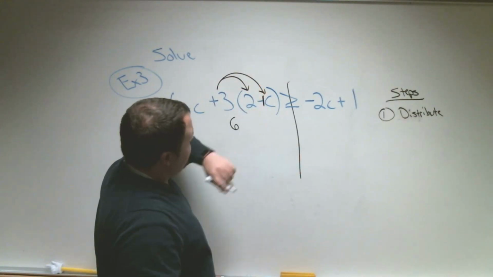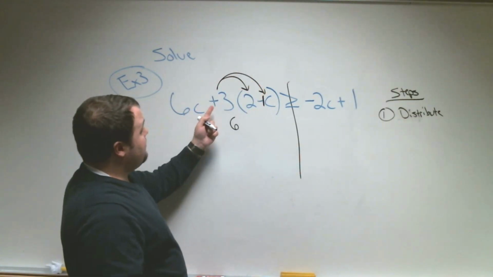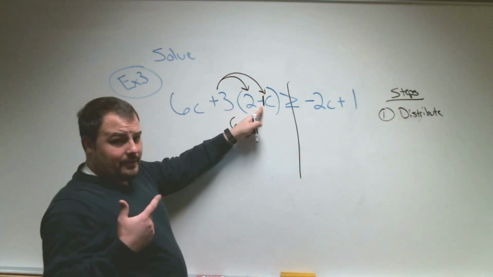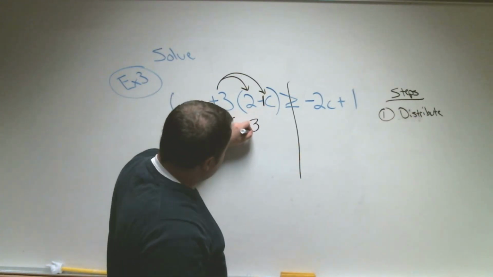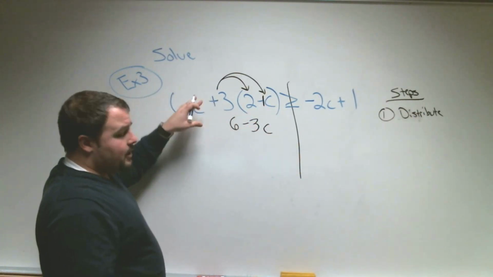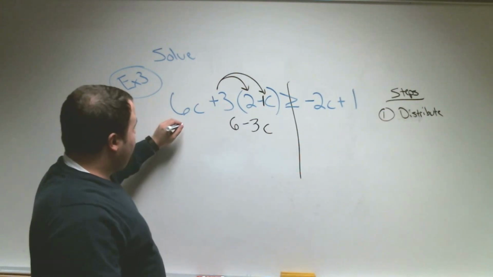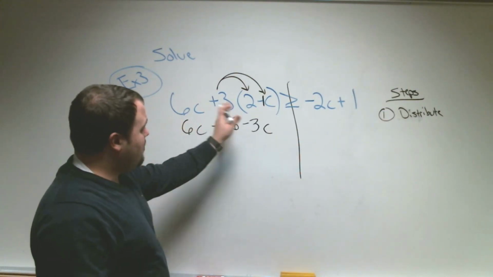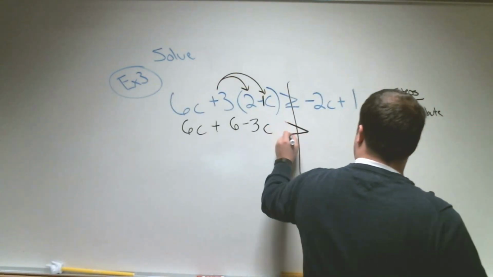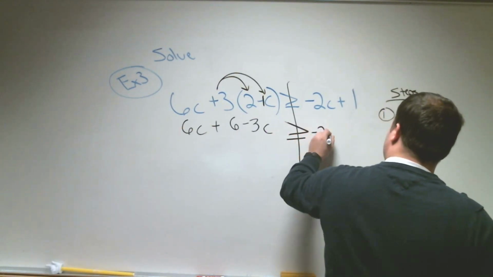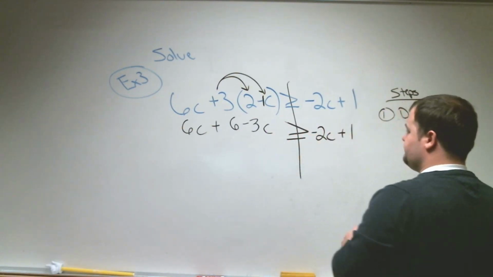So if I wanted to, I could put a 1 there. 3 times a negative 1, that's a negative 3. So this is a negative 3c. Then we drop everything else down. We have 6c plus all of this is greater than or equal to a negative 2c plus 1.